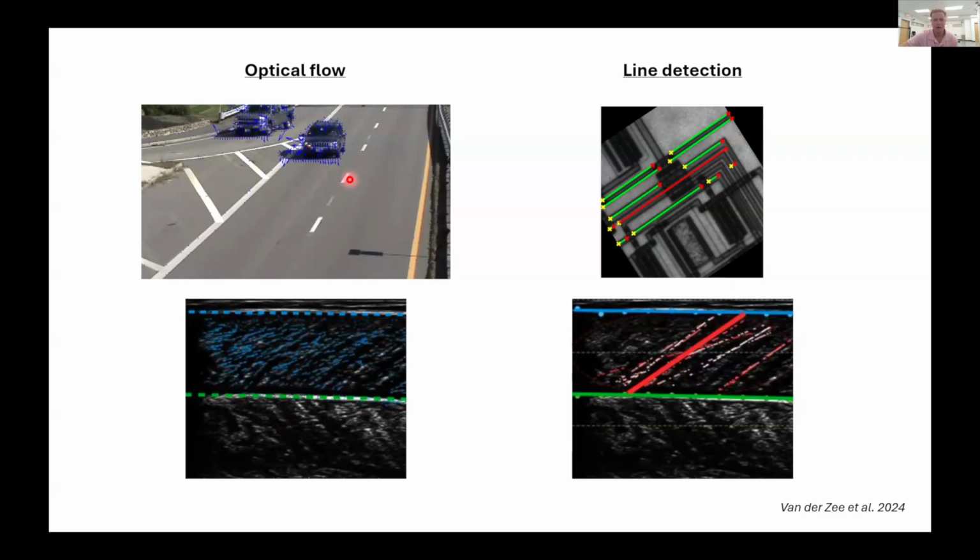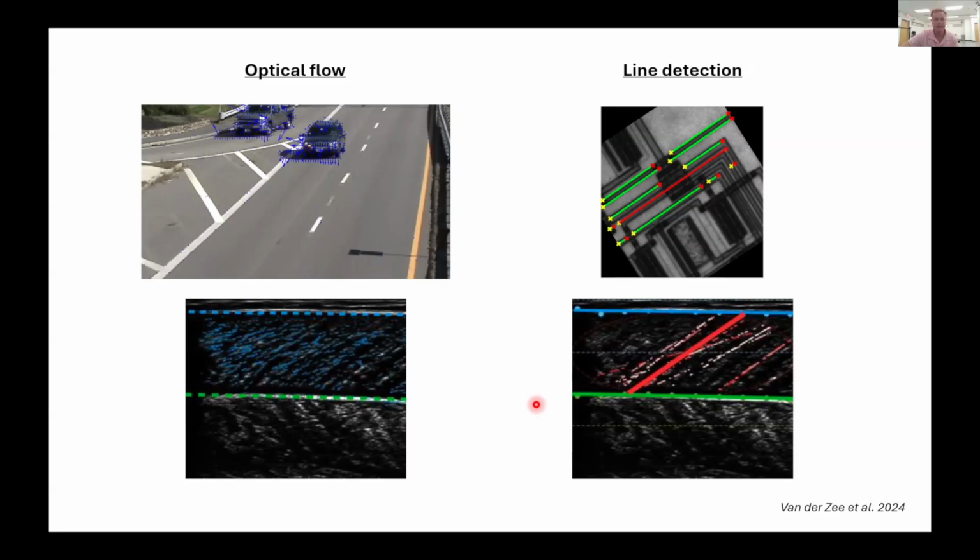Whereas with line detection methods, the software will be looking for line-like structures from one frame to the next.